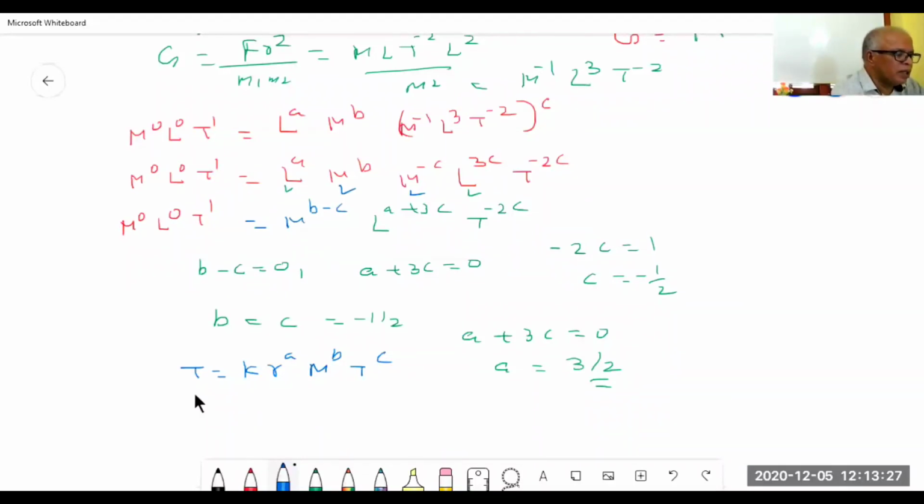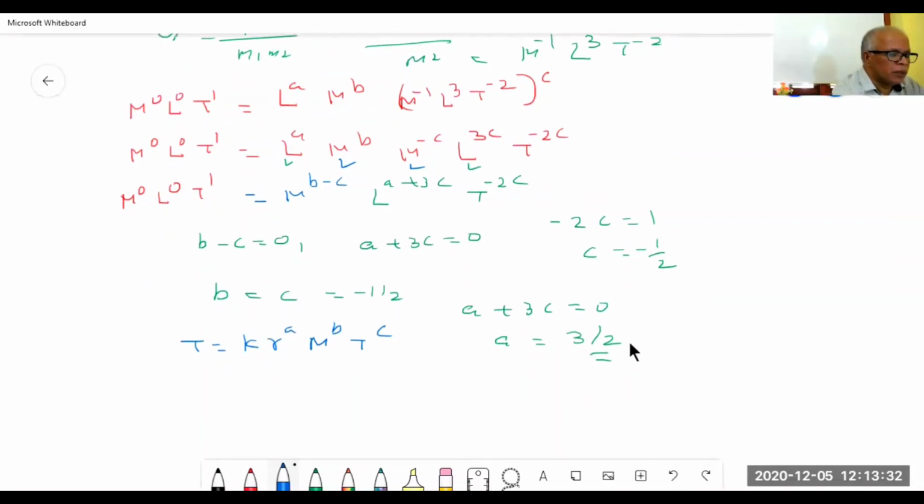Our formula was T is equal to k r raised to a, m raised to b, G raised to c. Put the values there.